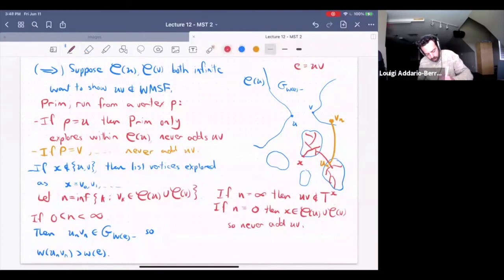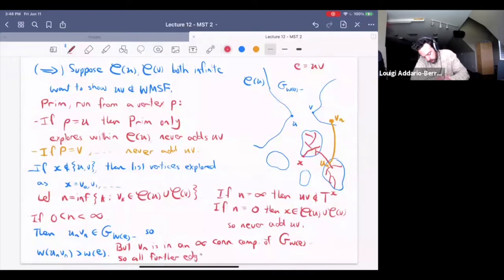Okay, so just to write that down, Vn is in an infinite connected component of G_{w(e)-}. And so all further edges added have weight less than w(e).